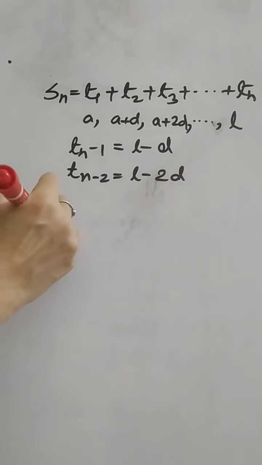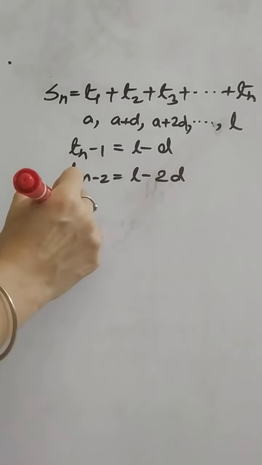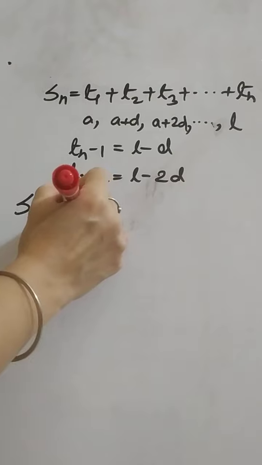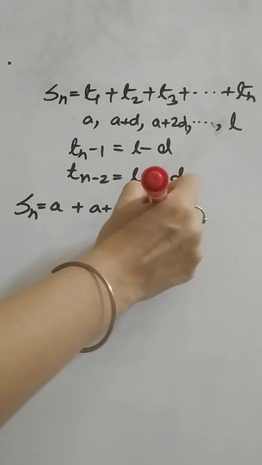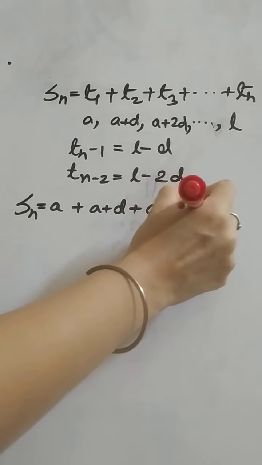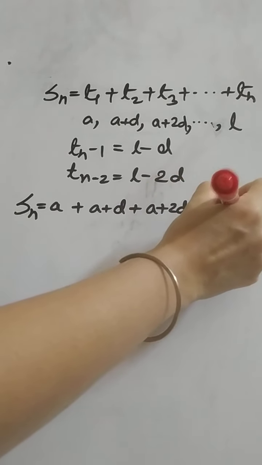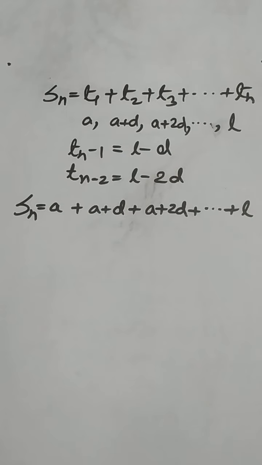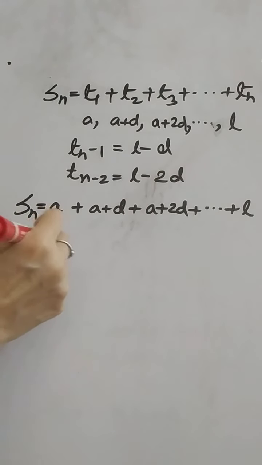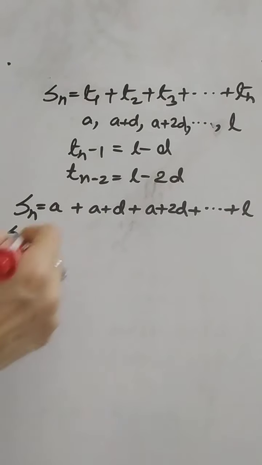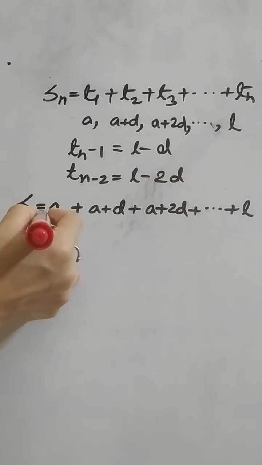Okay. So if I want to arrange this Sn, I write it once like A plus A plus D plus A plus 2D plus dot dot dot plus L, the last term. And again I want to write Sn in the reverse order.